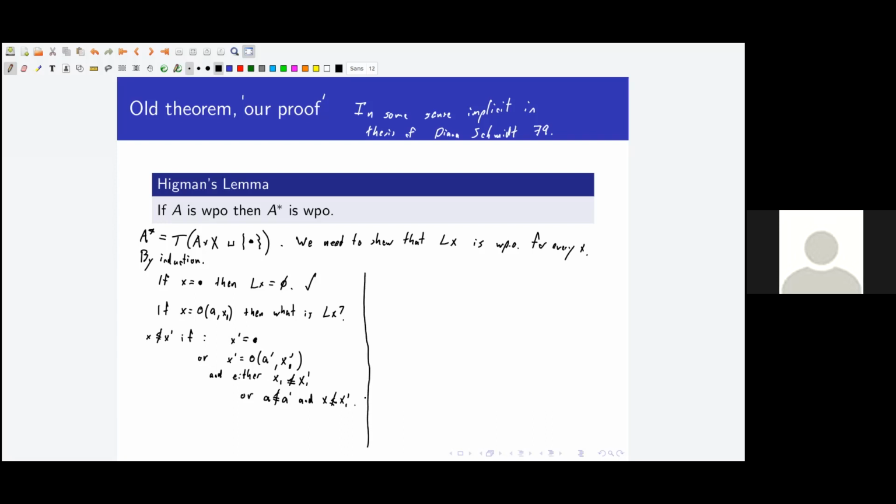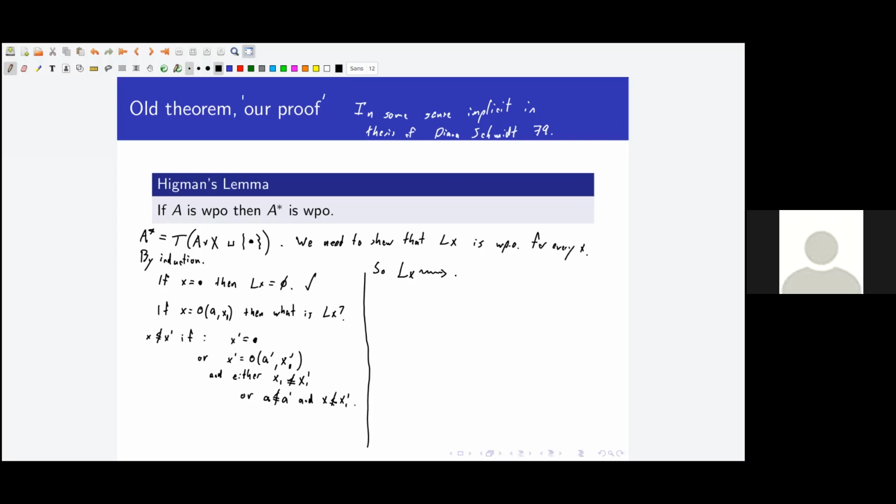So I'm going to be a bit hand wavy at this point. So L of X, is it a quasi-embedding? It is, but we're going to play a little fast and loose over whether these things are quasi-embeddings or some other kind of embedding.